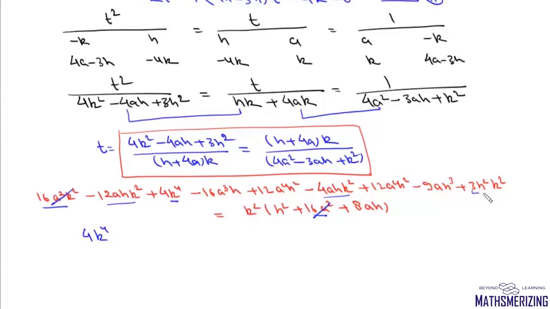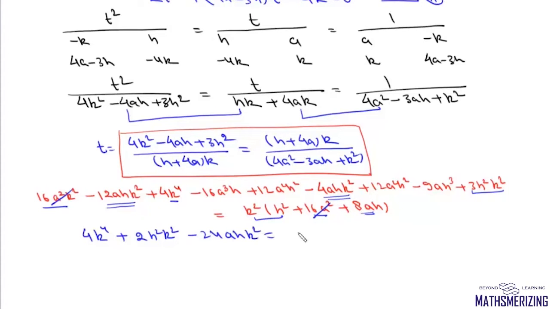Then we'll have 3h square k square and h square k square, so it will be plus 2h square k square, and then we'll have minus 12ah k square minus 4ah k square and minus 8ah k square. So there'll be minus 24ah into k square. Now whatever remains, we'll take it on the right hand side.